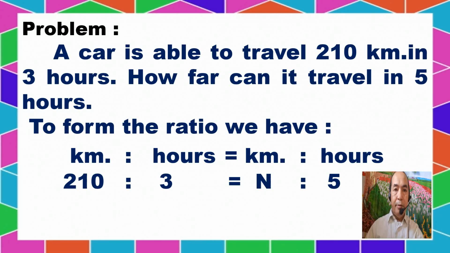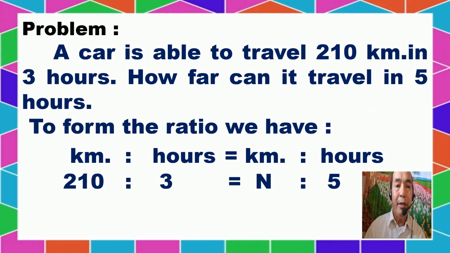Okay, let's now formulate the second ratio. Problem says, how far can it travel in 5 hours? How far? Meaning, the number of kilometers is not given. Therefore, we will represent this with letter N, because this is the unknown part of the problem. So, letter N will be the substitution for the number of kilometers in the ratio.